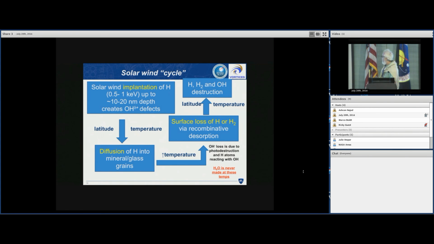So what we really have to care about is the hydrogen that doesn't leave, and that's tied up in the form of an OH group. And then we have a temperature cycling of what would be stable OH groups, and we have to watch how that hydrogen moves. So that's hydrogen diffusion through an OH group. Okay, so what we have to pay attention to is this. That OH will be lost by photodestruction in a reaction with a hydrogen atom.